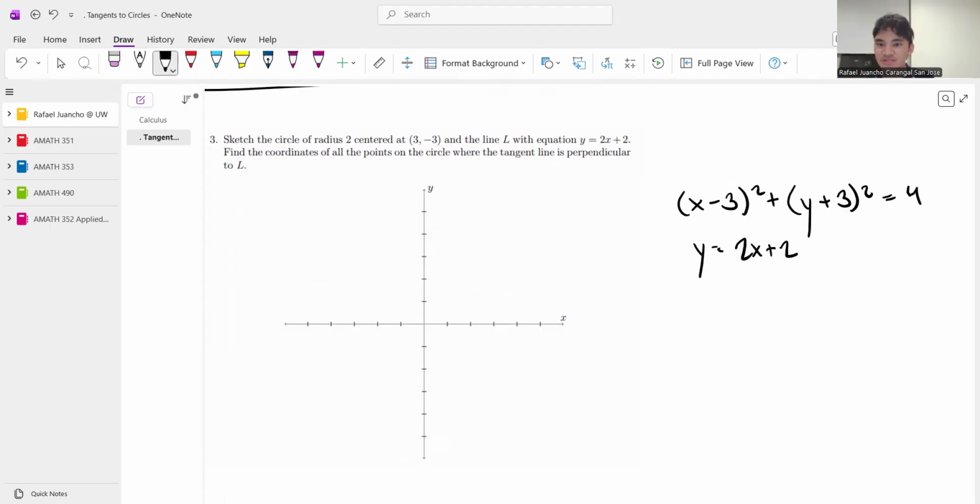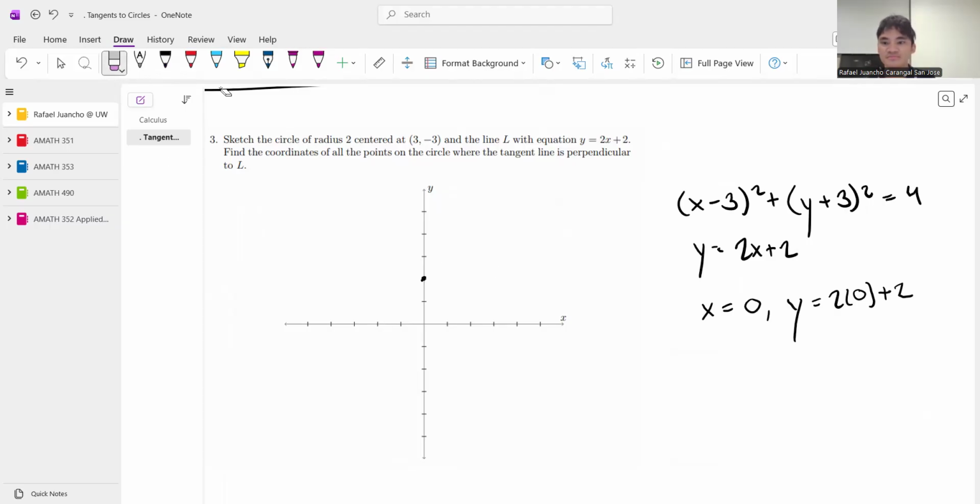Let's just get 2 points from this line. Could be any, honestly. Let's say when x is 0, what's y going to be? y would be 2 times 0 plus 2. y is 2. So we know that a point is x is 0, y is 2.